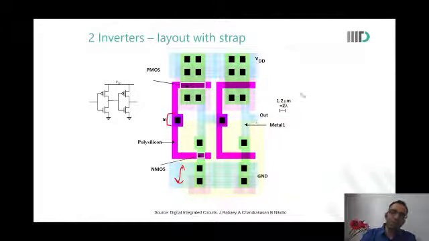Moreover, they wanted to make butted straps. So along with the source, they just butted the strap region. Today straps are not handled like this at all. So it's really not a challenge. Okay.